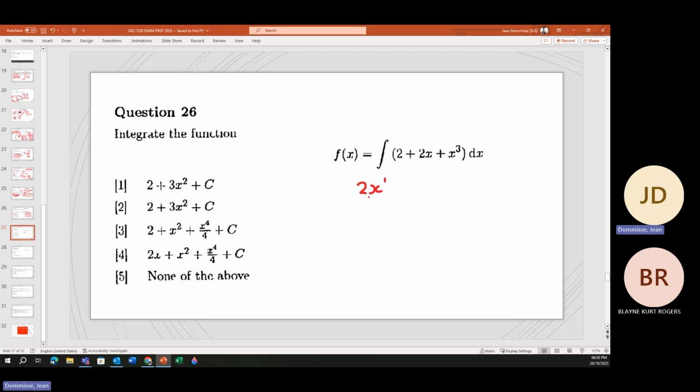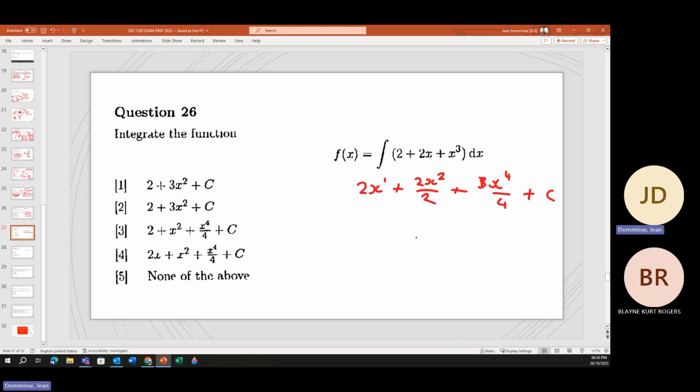x1, so you divide by 1, plus 2x2 divided by 2, plus, sorry, or divided by 4, plus c.